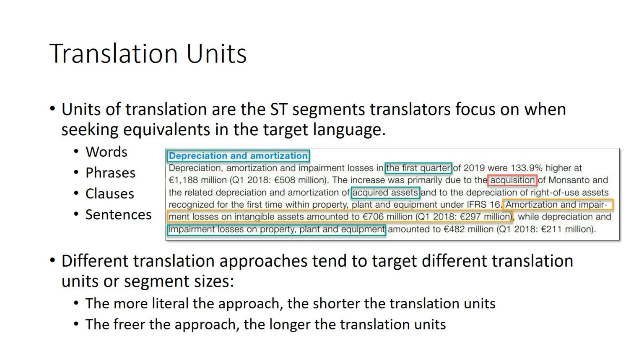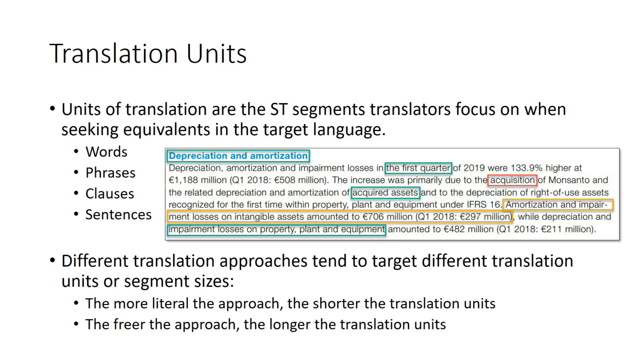Not as common. It's important to point out that different translation approaches, so literal or free, or even, as I mentioned on the previous slide, my nomenclature, which is, what was it again? Faithful, balanced, and creative, tend to focus on different translation units.